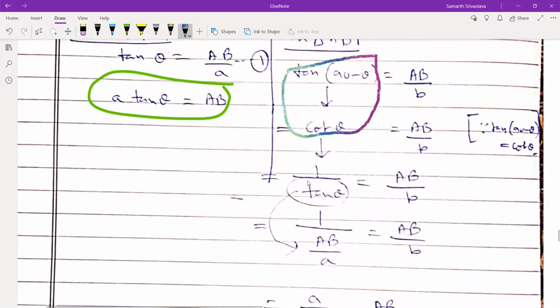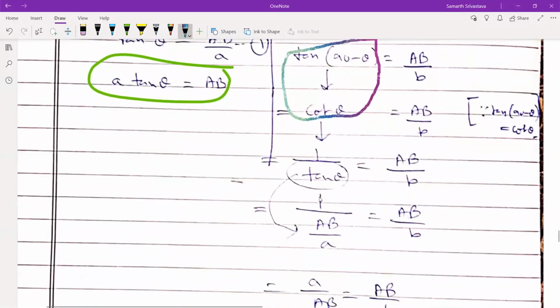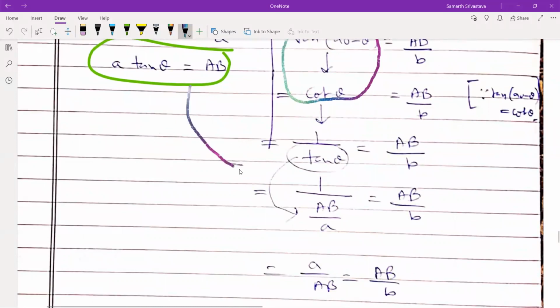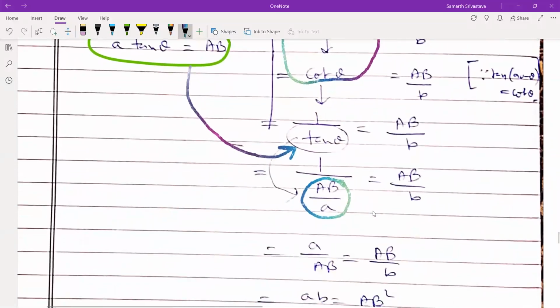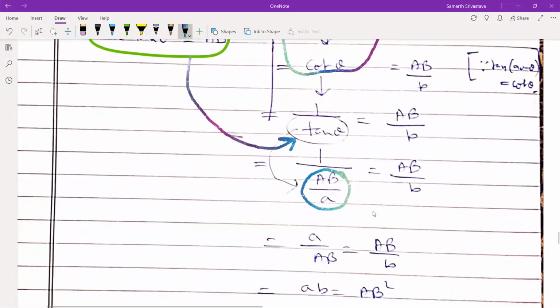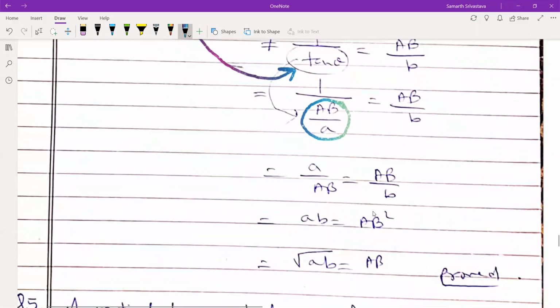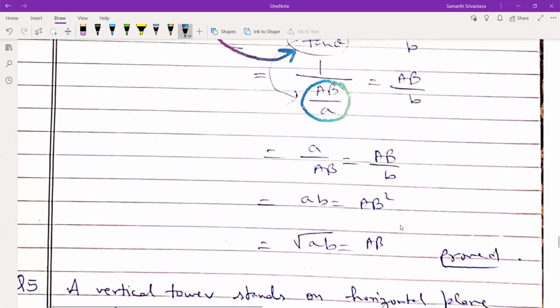Now we can substitute the value of tan theta from the first case. That is 1 upon AB upon small a is equal to AB upon b. And this small a will go in the numerator, so it will give small a upon AB is equal to AB upon small b. After cross multiplication, AB square is equal to ab.